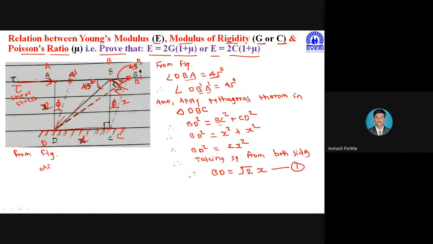According to the direction of force applied from the left side, please tell me whether diagonal BD is under tension or compression. Tension, sir.